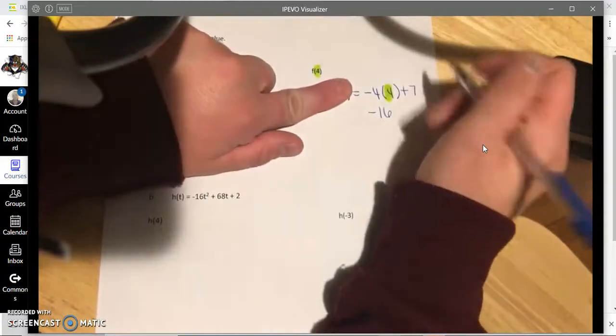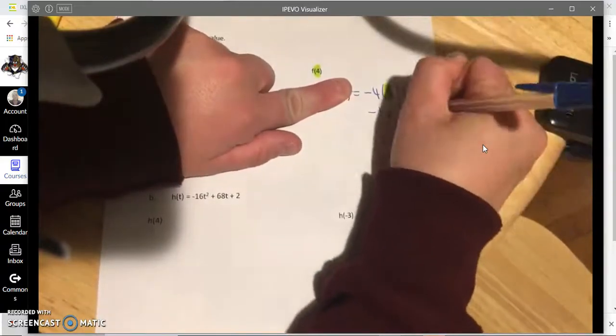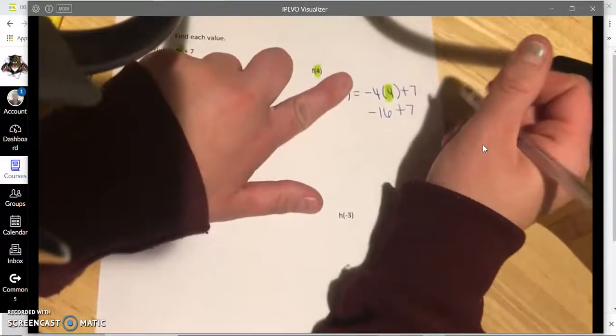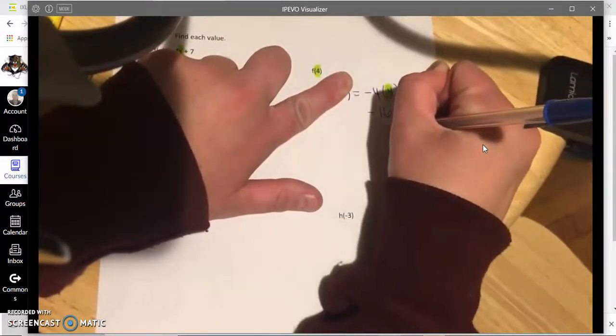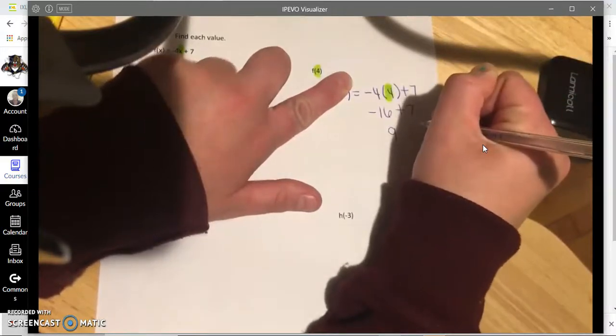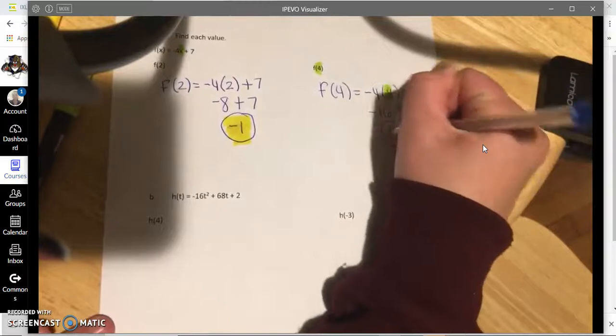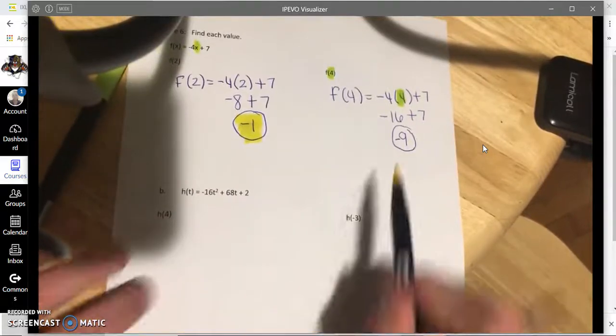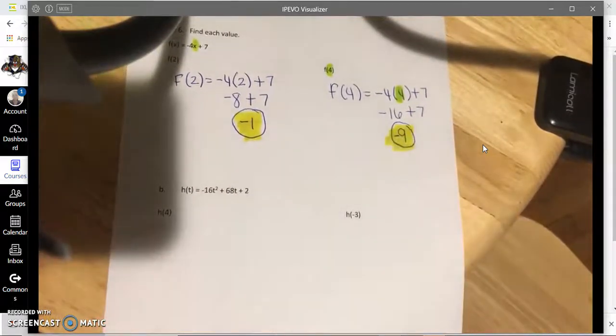Don't worry about that part. -16 plus 7. And -16 plus 7 is -9. See, I even had to think about that. Make sure you use your calculator for this assignment. And use these examples to help you.